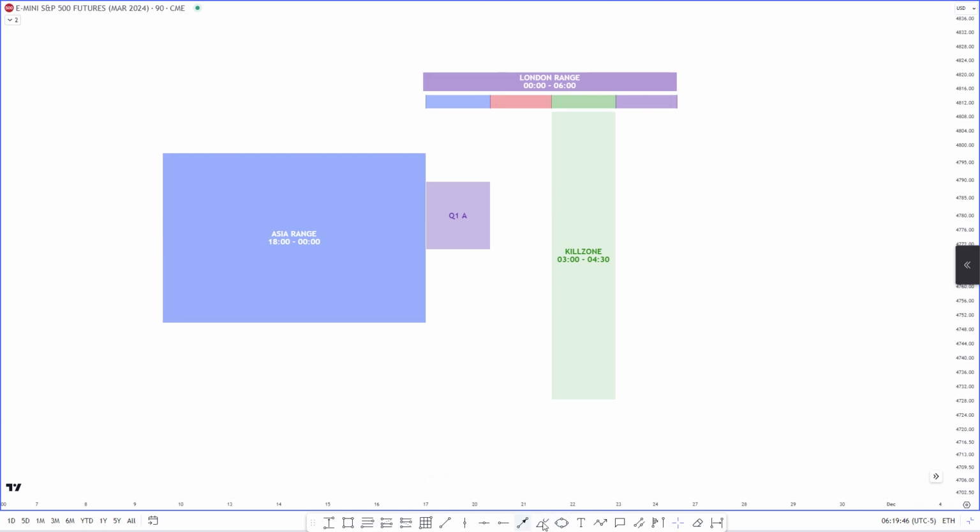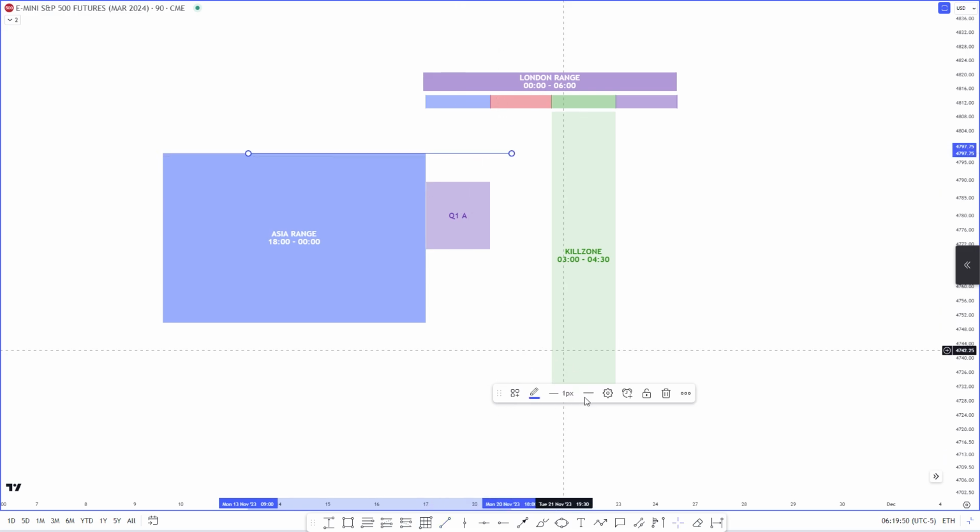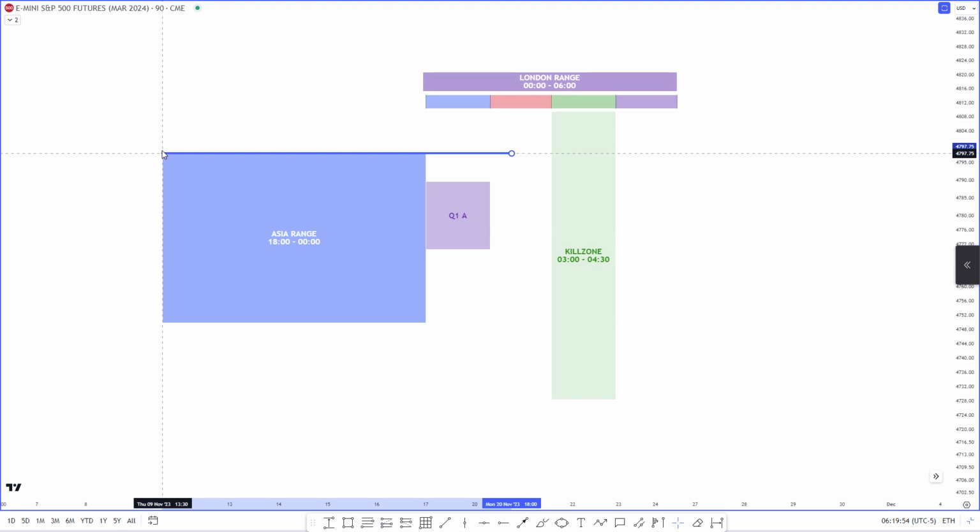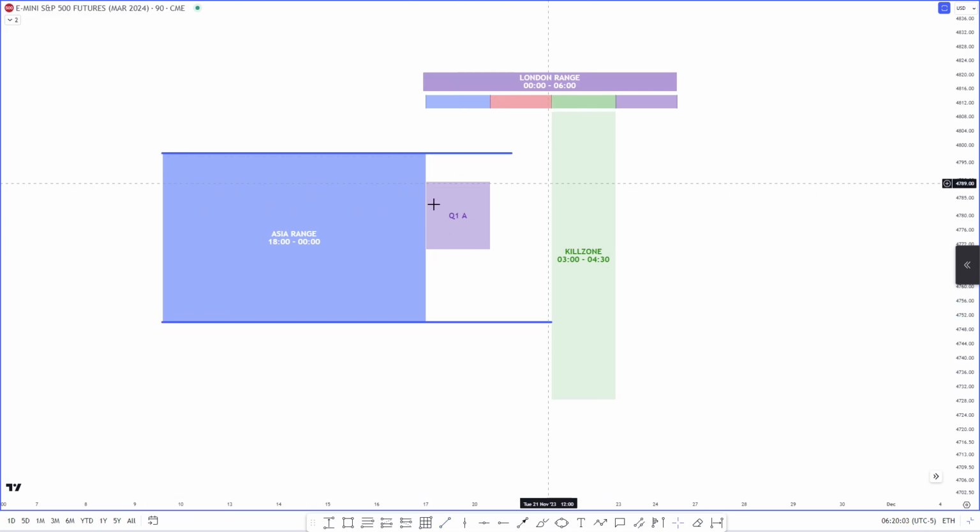The rules are, we have the London range, the Asia range, which is a full defined range. For us to go long, that's gonna be our first basis, but it's universal to both. Price needs to sweep the Asia high for us to go short.